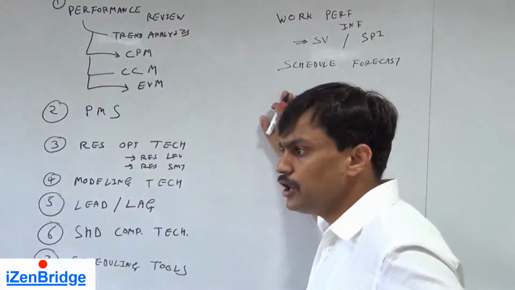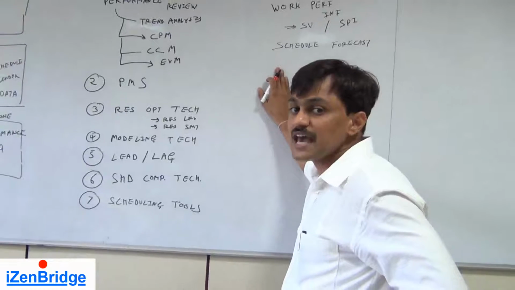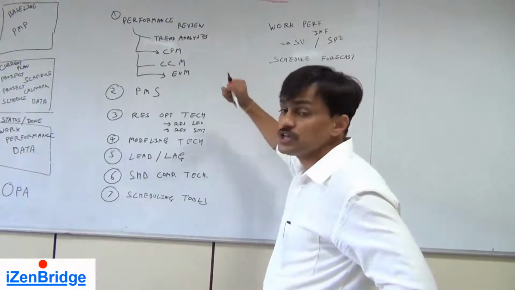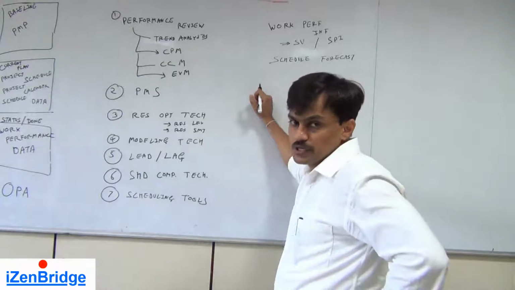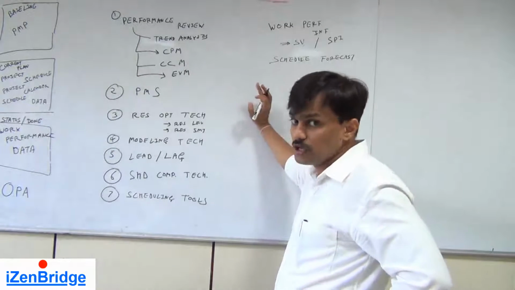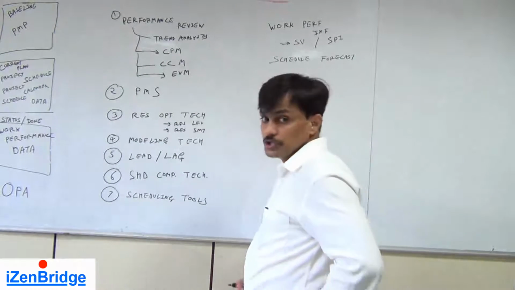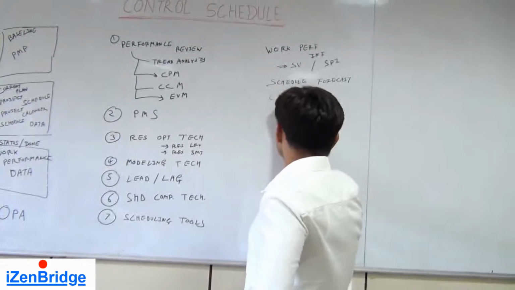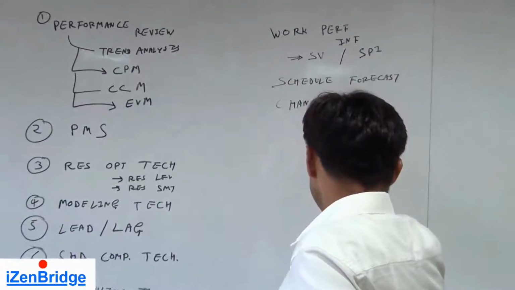For example, if you want to change a particular resource, that type of change request is expected to come from the control schedule process. Or if you want to fast track a particular activity, those kinds of changes, because they were not planned that way in the baseline schedule, come from the control schedule process. So we generate change requests.